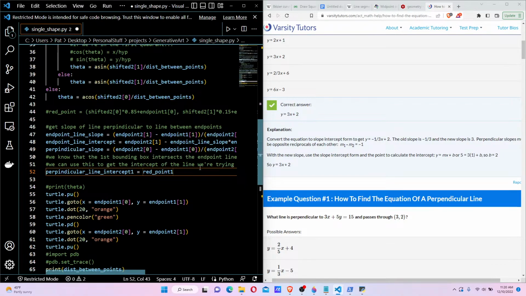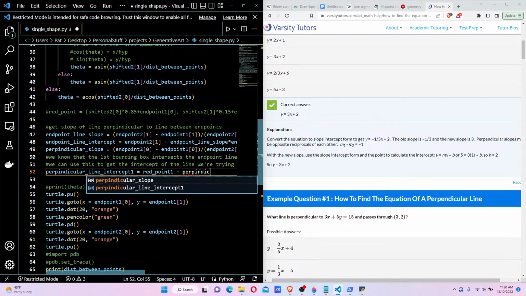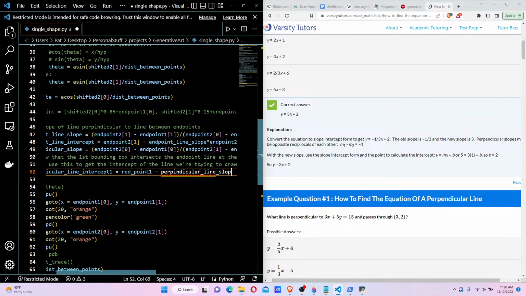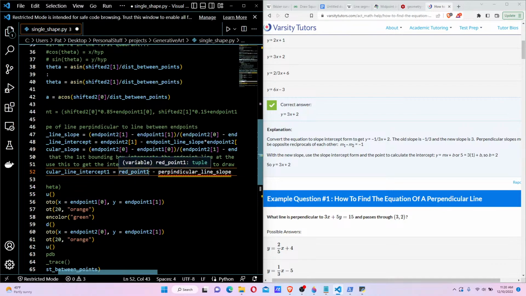Perpendicular line intercept 1 is red point 1 minus perpendicular line slope, and that should be the y value of red point 1.